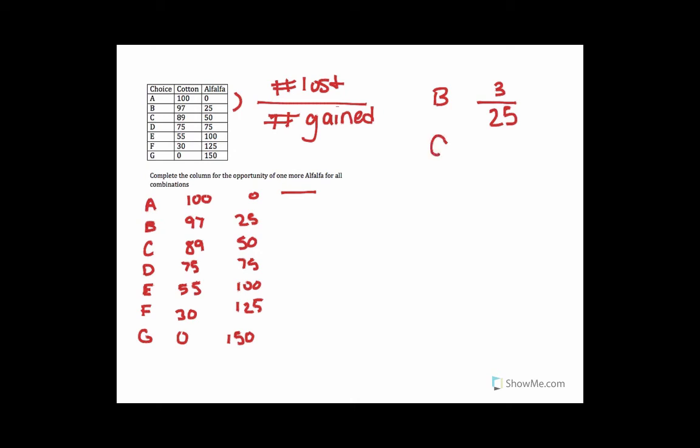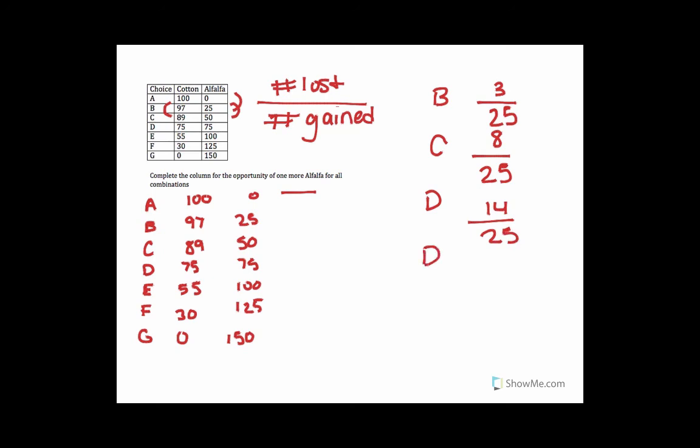So if you keep going down the column, for the next one, you would compare the 25 to 50, which would give you 25 alfalfa on the bottom, and then 97 minus 89, so B to C, which gives you 8. Therefore, you'd be giving up 8/25 cotton for 1 alfalfa. And then for the rest, we're just going to keep doing the same subtraction down the line. So from C to D, it'd be 89 minus 75, which is 14 cotton for 25 alfalfa.